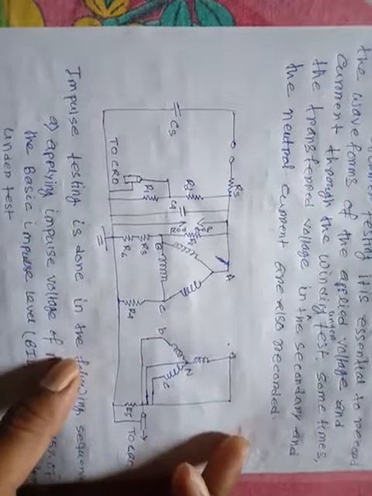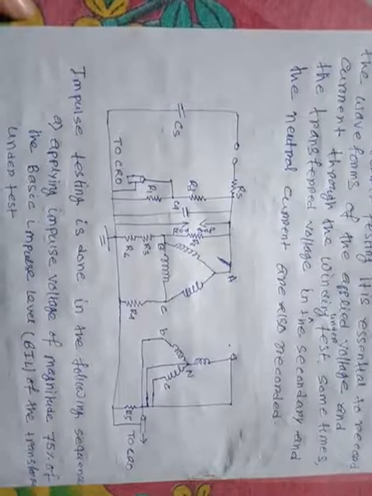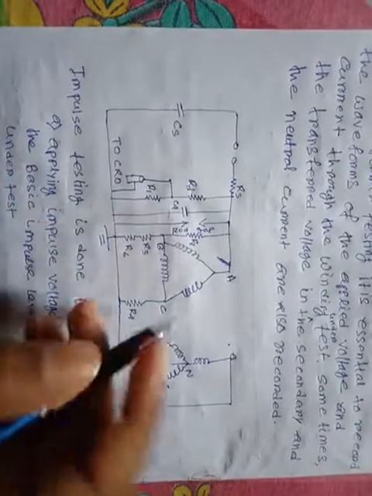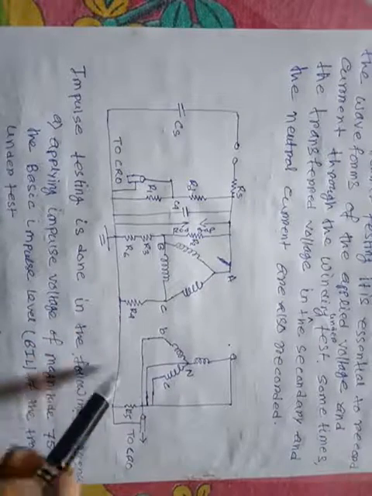This is the schematic arrangement or schematic diagram of the impulse voltage test. This is a surge generator. This is a transformer. This is the primary side. This is a delta connection and this is a star connection.